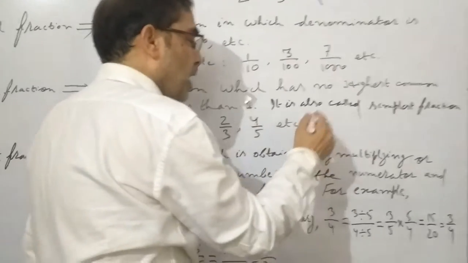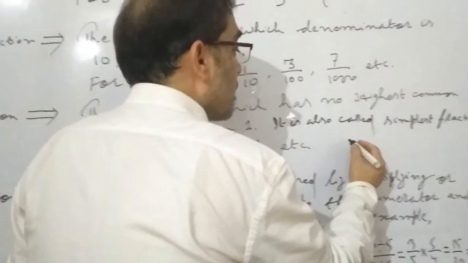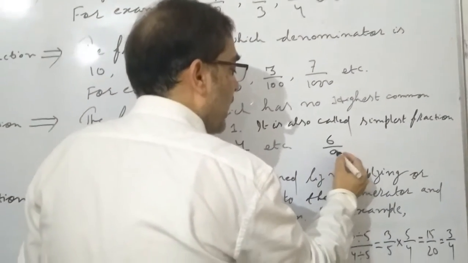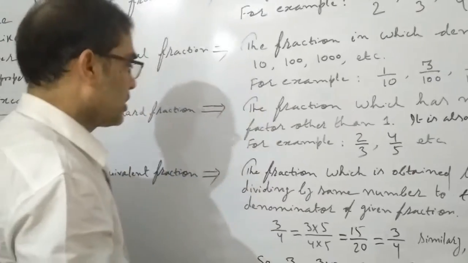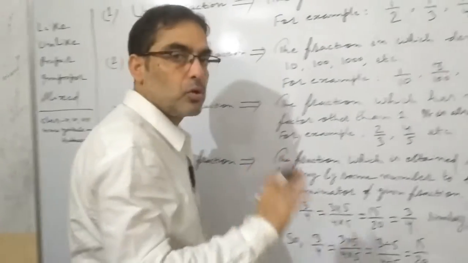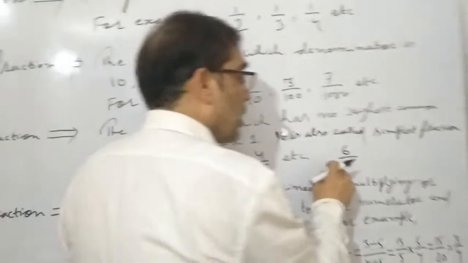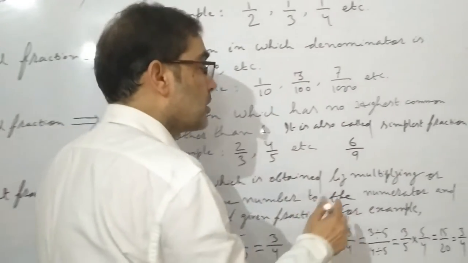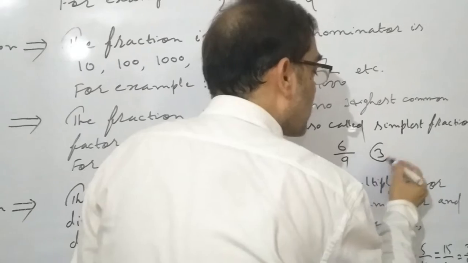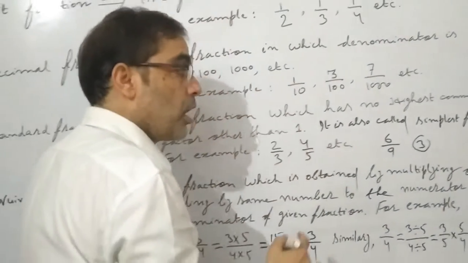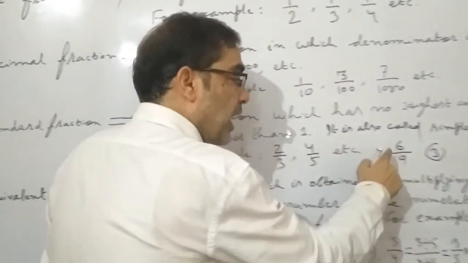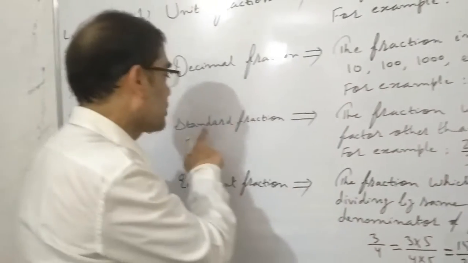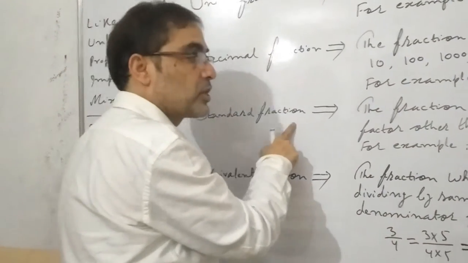Suppose I take one more example. 6 by 9. Is it a standard fraction? No. Why? Because here the highest common factor is 3. So 6 by 9 is not a standard fraction.